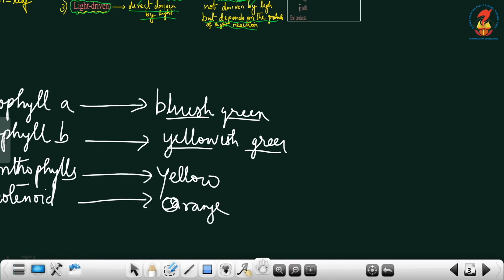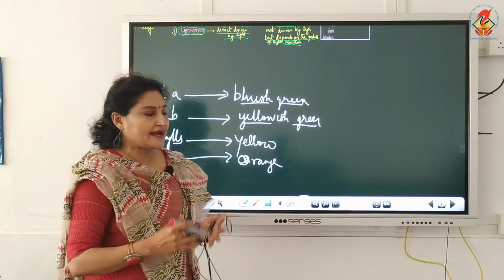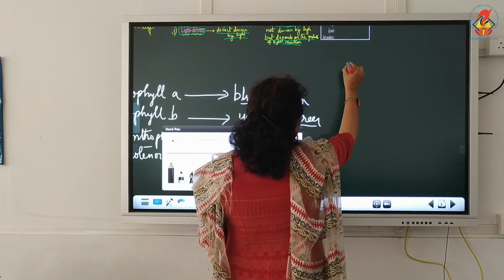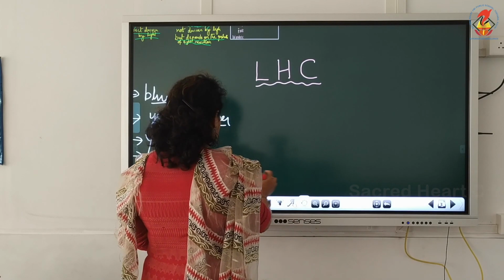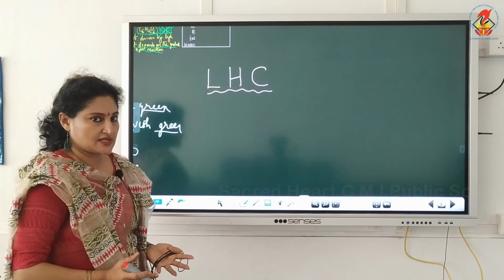So, we are going to see how these chlorophylls are arranged, and I am going to explain the light harvesting complex. A light harvesting complex comprises hundreds of pigment molecules.